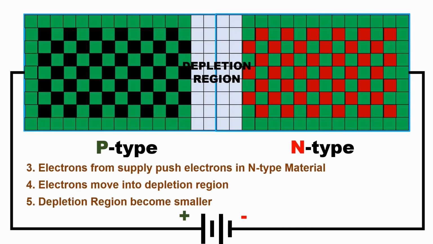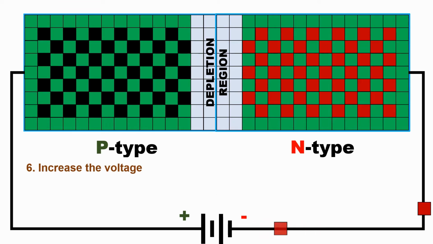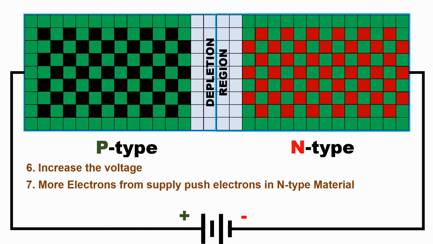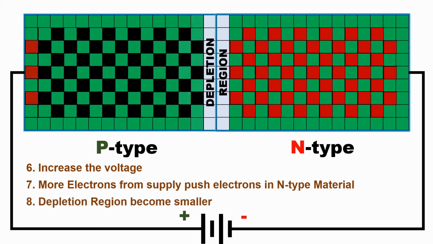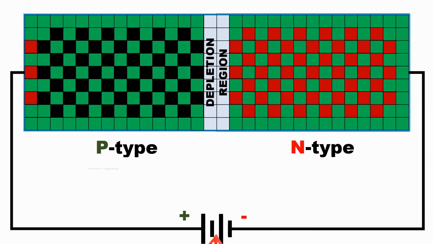What will happen now? We increase the voltage further, and by increasing the voltage further, more electrons come in through the n-type materials, which will then push the electrons inside the n-type materials into the depletion region, which then pushes more electrons out of the depletion region. And if we add more electrons again, we increase the voltage further.